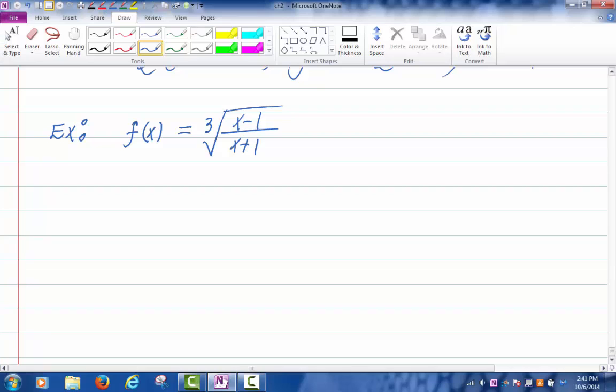And I think this is probably one of the problems that I gave on the exam last time. This is x minus 1 over x plus 1, and what's the exponent? 1/3. Okay, so what's the derivative?